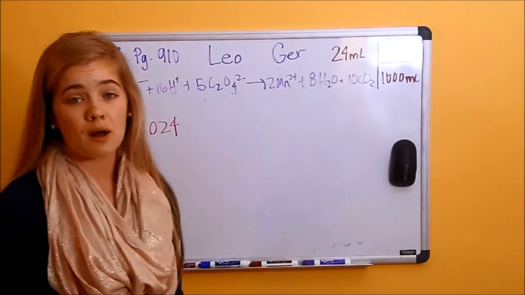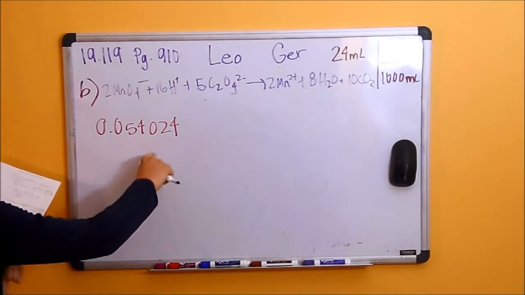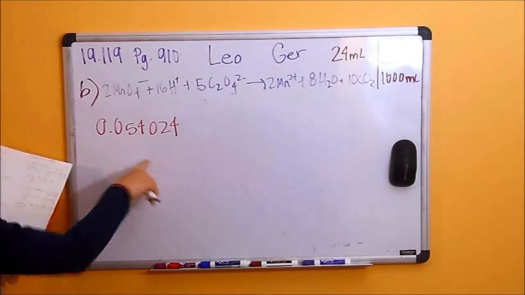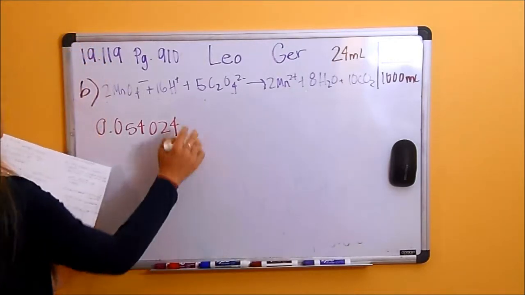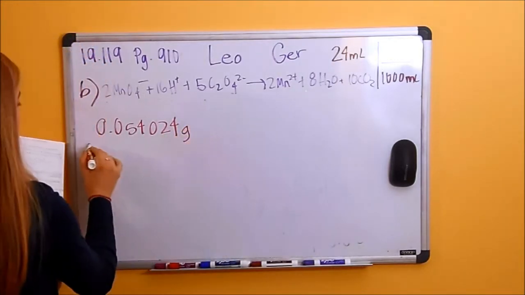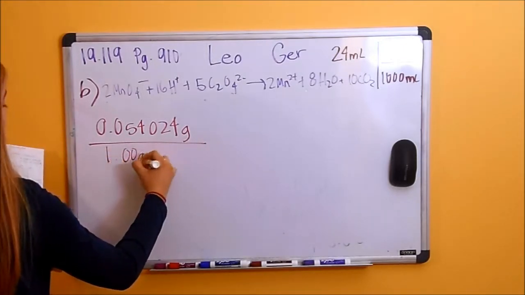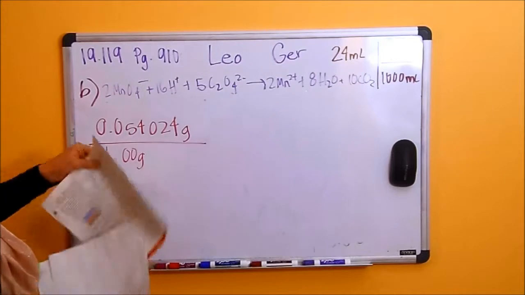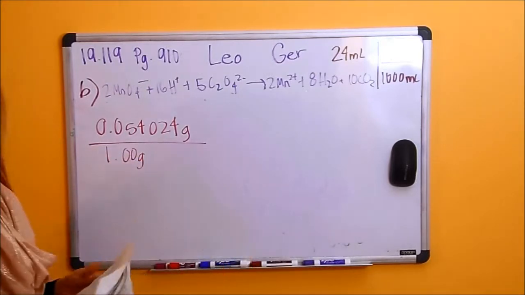Okay, so the last step of the problem is actually really easy. So we got this 0.054024, and now we're just going back to the original equation that I wrote up, which was the mass of the H2C2O4, which is this, divided by the 1.0 grams, which was the mass that was given in the problem. It said that if a 1.00 gram sample, so that's the overall mass.